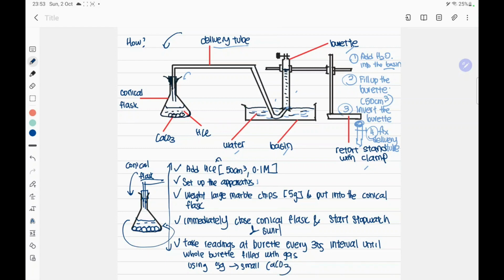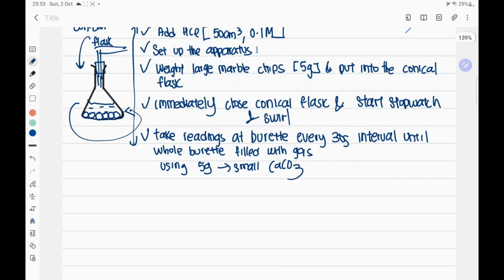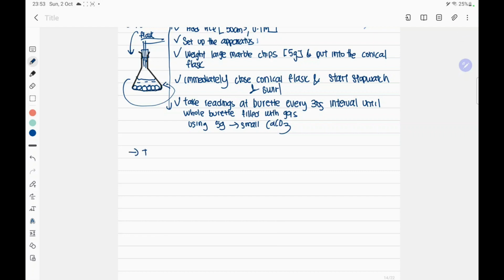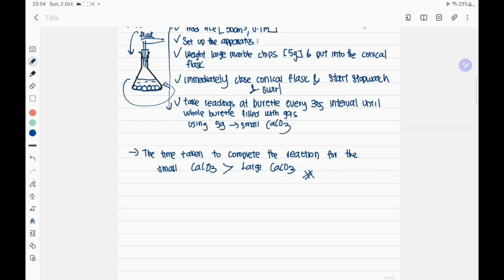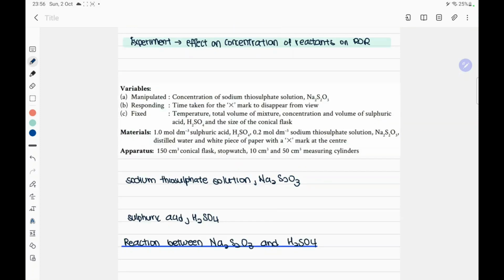And after you have finished and completed the experiment, you will find that the time taken to complete the reaction for the small calcium carbonate is faster than the large calcium carbonate. Okay, so the first experiment that we have learned just now is about the size of reactants.